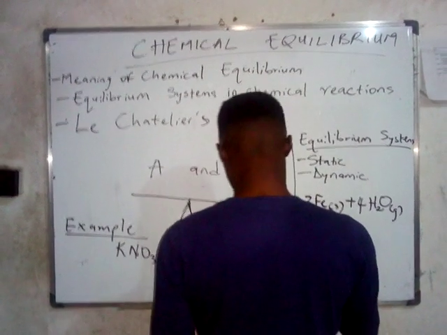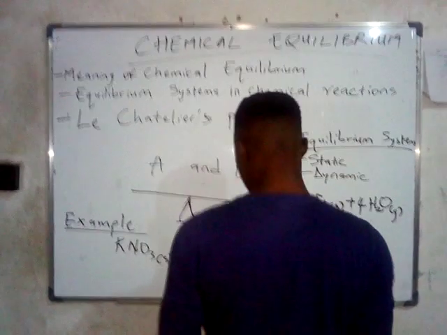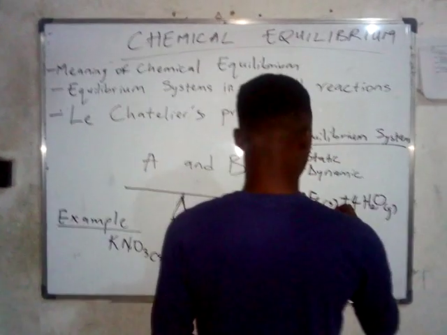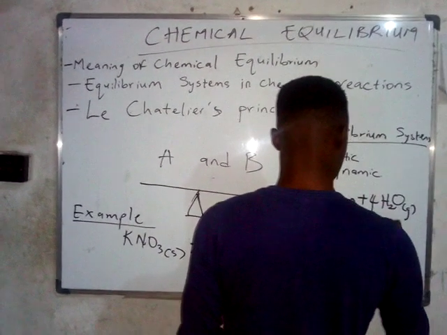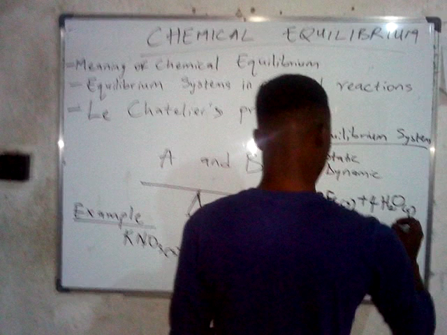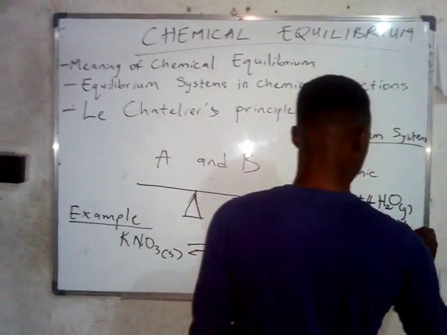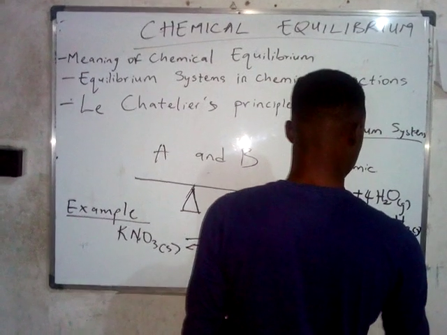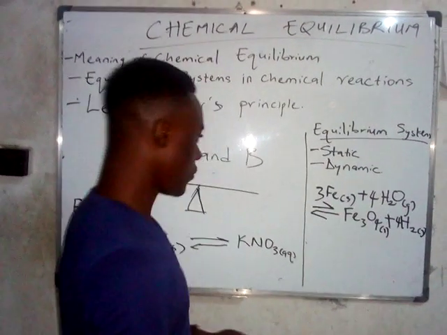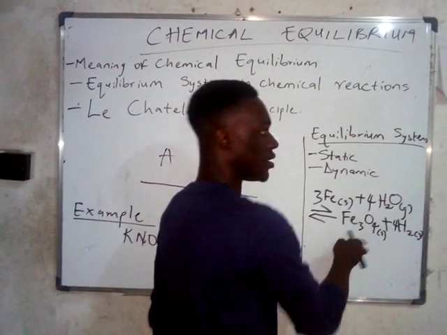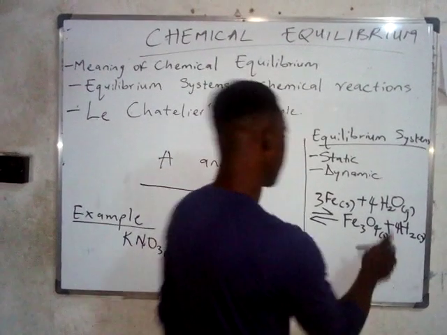So you have the reversible reaction, and when that reacts, it gives you this compound and hydrogen. Now this compound basically is kind of an ore of iron, which is known as magnetite.